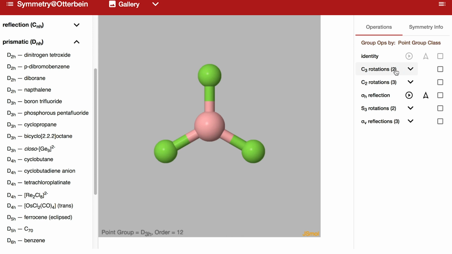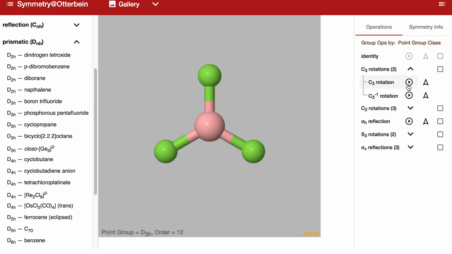Okay, so we can see from a similar molecule, boron trifluoride, because we couldn't find examples of 1,3,5-trichlorobenzene. A similar molecule, boron trifluoride, is also D3h.